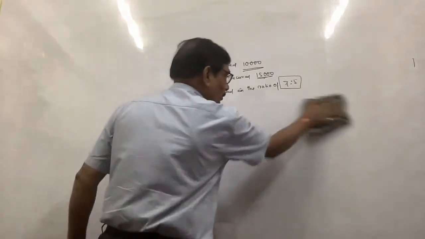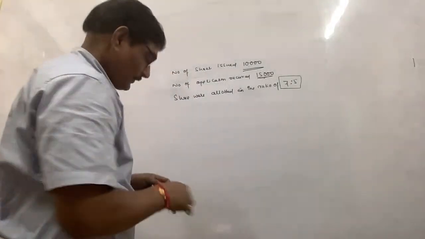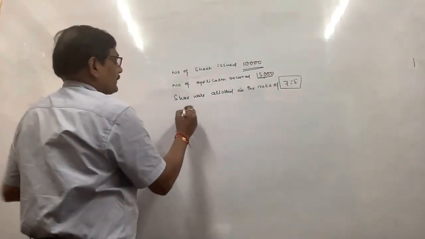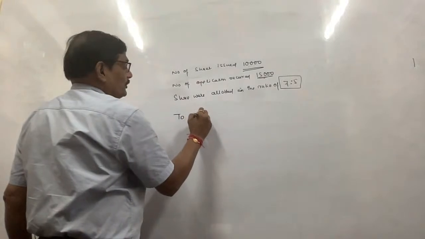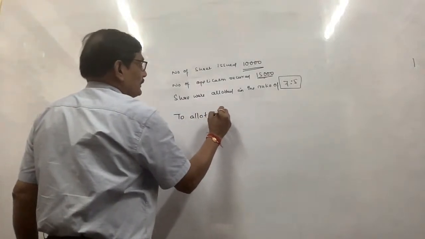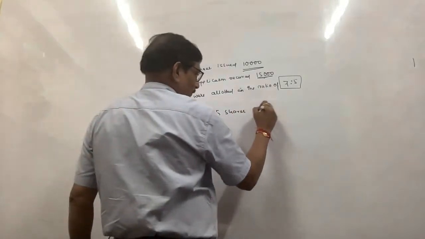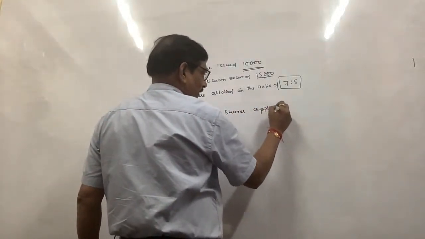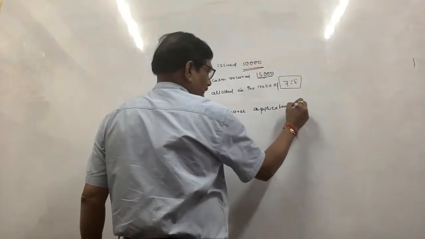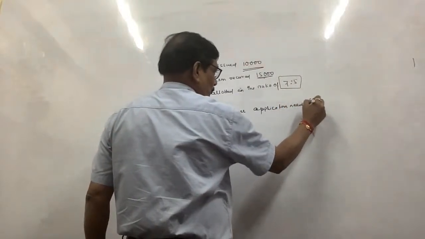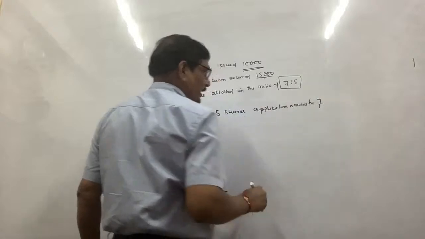So in that case, what we'll do? Now see, to allot 5 shares, applications required for 7 shares.